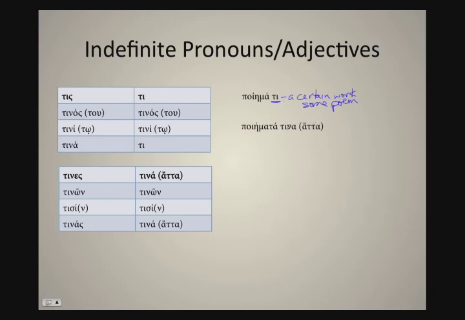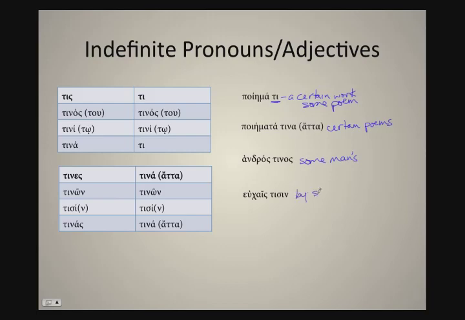Poiēmata tina. Here's our plural, or ata. And if ata is not enclitic, so we would remove this accent, but poiēmata tina, certain poems. Andros tinos. So, some man's. Apostrophe s because it's genitive. Andros tinos. Or euchais tisin.